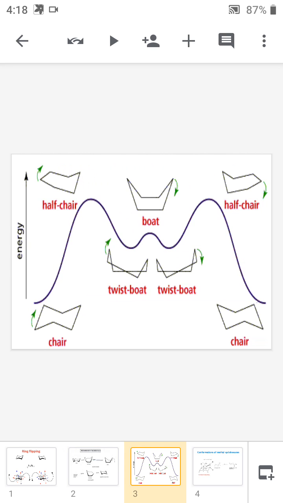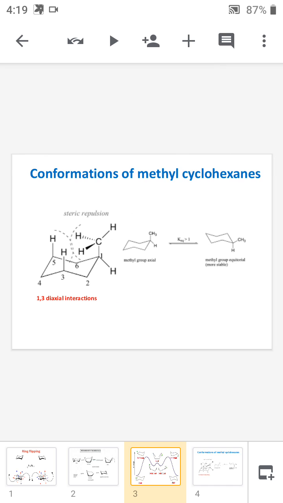It has angular strain, torsion strain and steric strain, so that's why the half chair has the maximum energy. And the twisted boat also has less energy than the boat form. This is the potential energy level diagram of the cyclohexane.